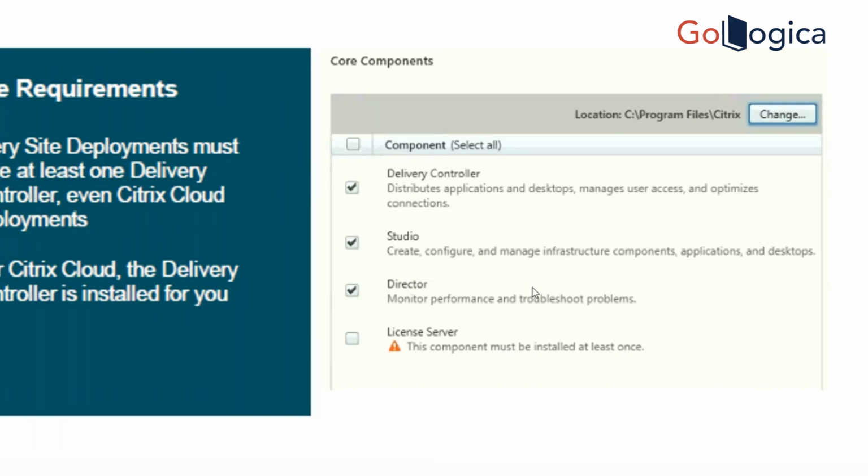In director, you will see what issue the user is having, either the session is hung or some other issue. For monitoring performance and troubleshooting problems, you use the feature called director.